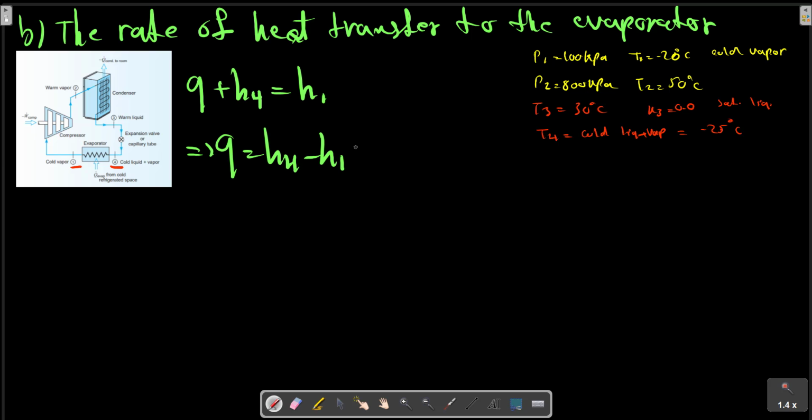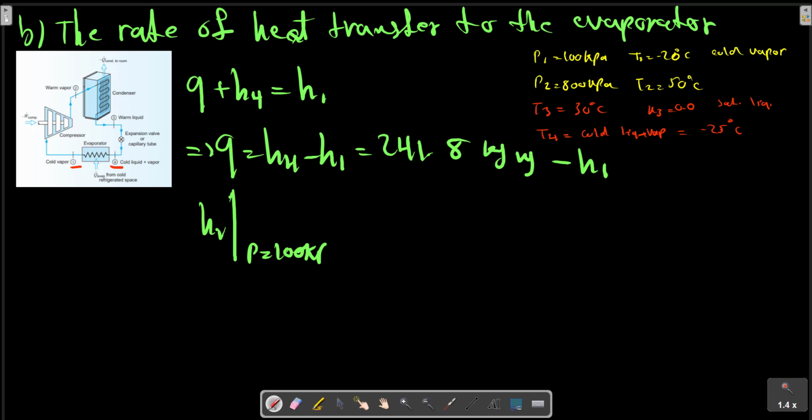We can calculate H4, calculated before, minus H1, which should be at cold vapor.